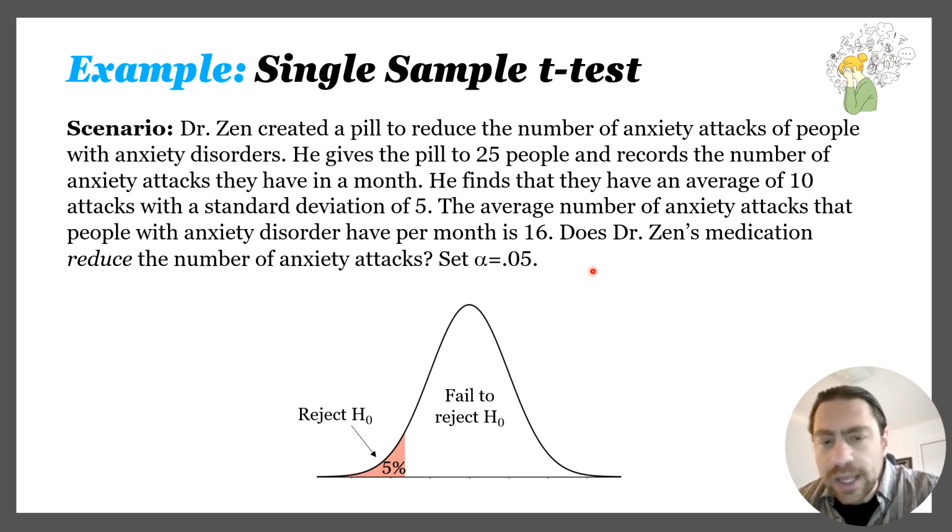Now, also looking at the wording of the question, we're being asked, does the medication reduce the number of anxiety attacks? And that implies a directional test, a one-tail test, specifically looking at the left tail, below the mean. Is the number of anxiety attacks less than the mean in people who took the pill? So a one-tail test looking at the left tail of the distribution.